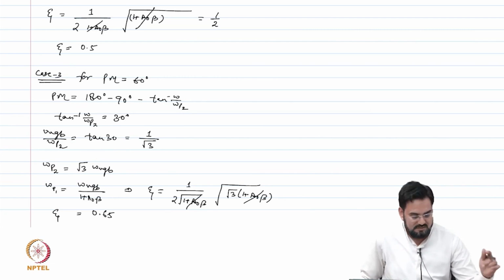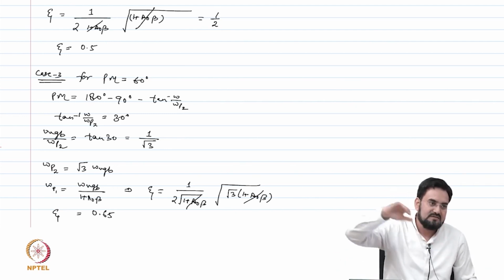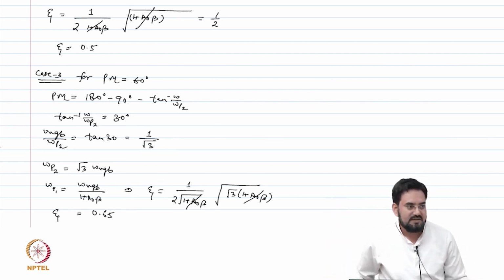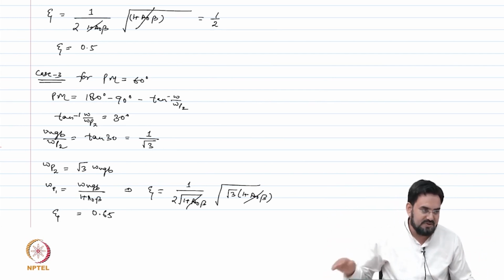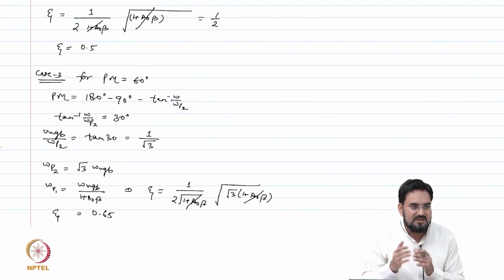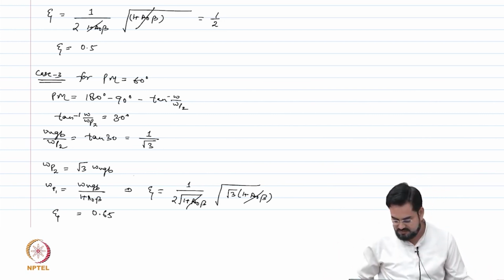Okay. And this estimate is true when you are looking at more than 45 degrees phase margin or so, up to 90 degrees. Okay. Below that it has a non-linear relationship, but since our interest is mostly between 45 to 60 degrees, most of the time it will hold true. Okay.